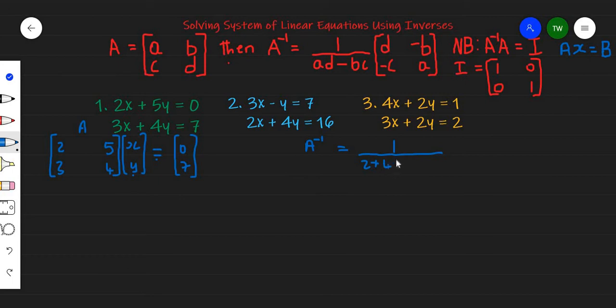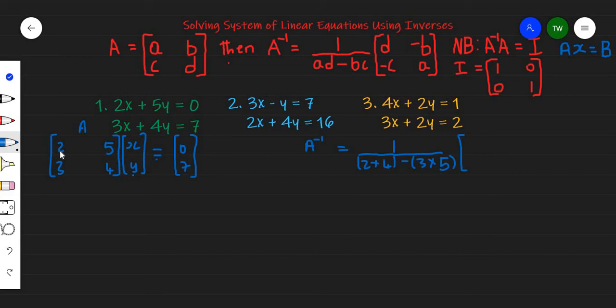And you put that in a bracket, minus the product of the non-leading diagonal, which is going to be 3 times 5. So I'm going to put that in a bracket. So that's going to be 3 times 5, times the adjoint of the matrix A. In order to obtain the adjoint of A, I must switch the positions of the leading diagonal.